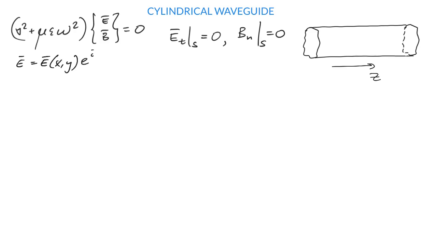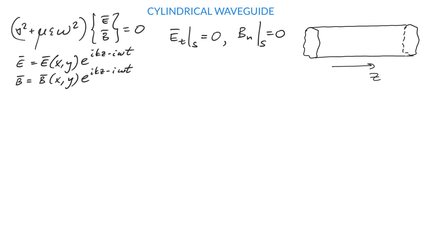So we can represent the fields as this, with e to the ikz exponent, and same thing for the B field. So we have amplitudes that depend on the location in the cross-section, x and y, but the z dependence is given by the e to the ikz factor.